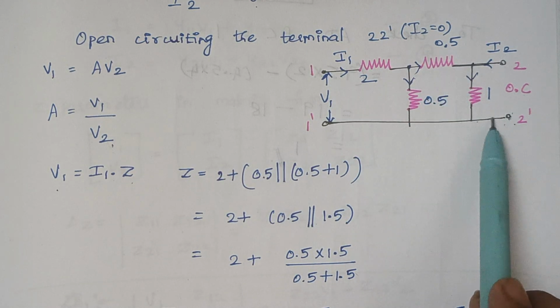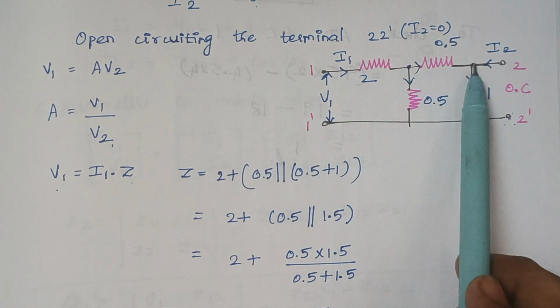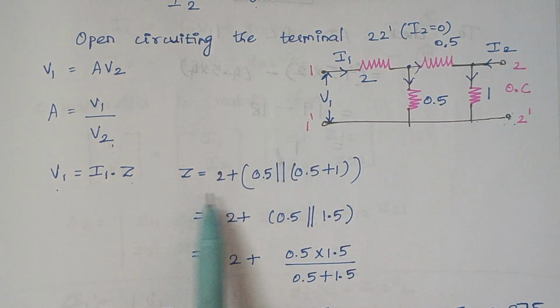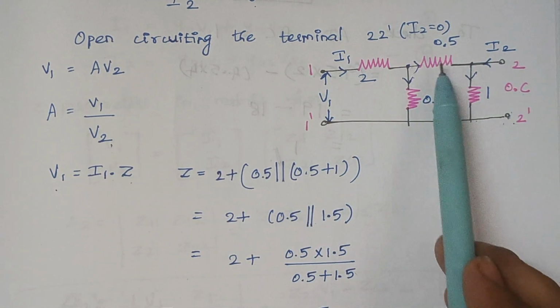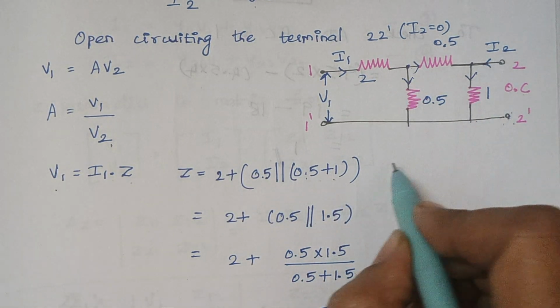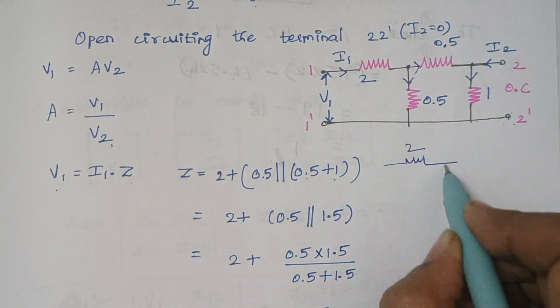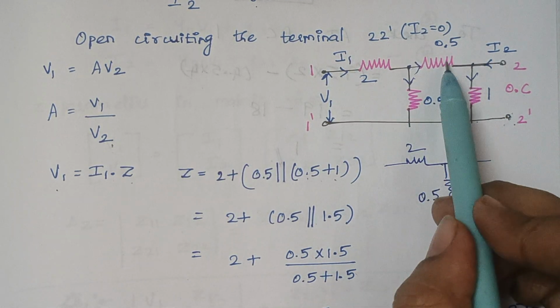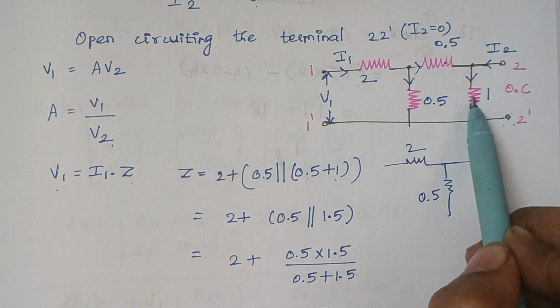So what does this mean? This means that this 0.5 ohm and 1 ohm are connected in series. So while writing the expression, you see these two resistors are in series. So 0.5 plus 1. Right, when you solve, you see here we have this 2 ohm and here we have this 0.5 ohm. Now these two resistors are connected in series.